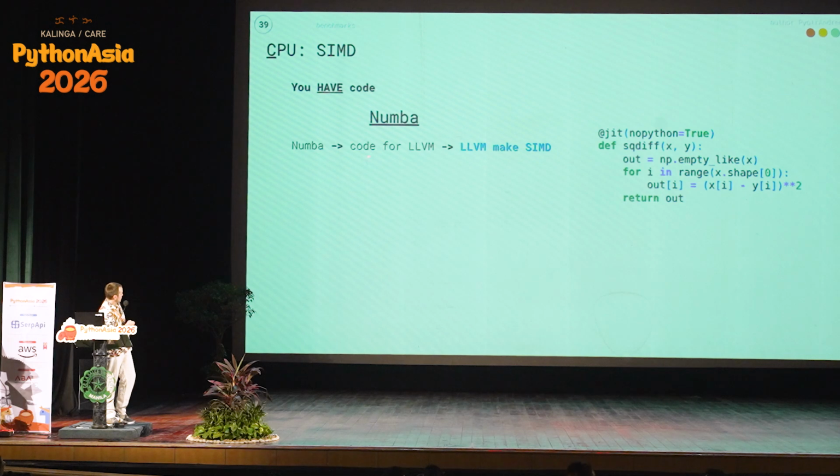Numba prepares code for the low-level virtual machine, and it can implement SIMD instructions if SIMD registers and instructions exist in your CPU, and if it is reasonable to use SIMD instructions over your code.